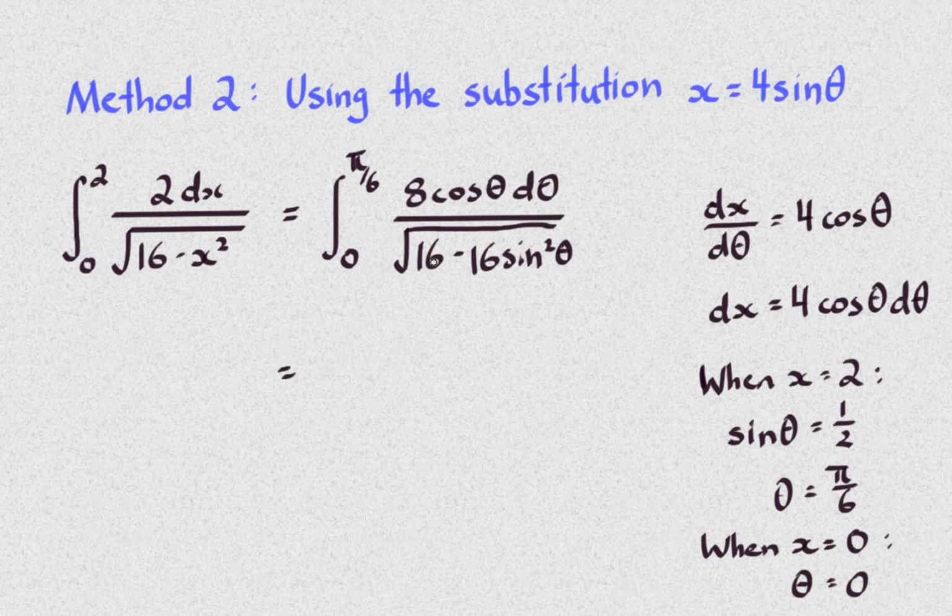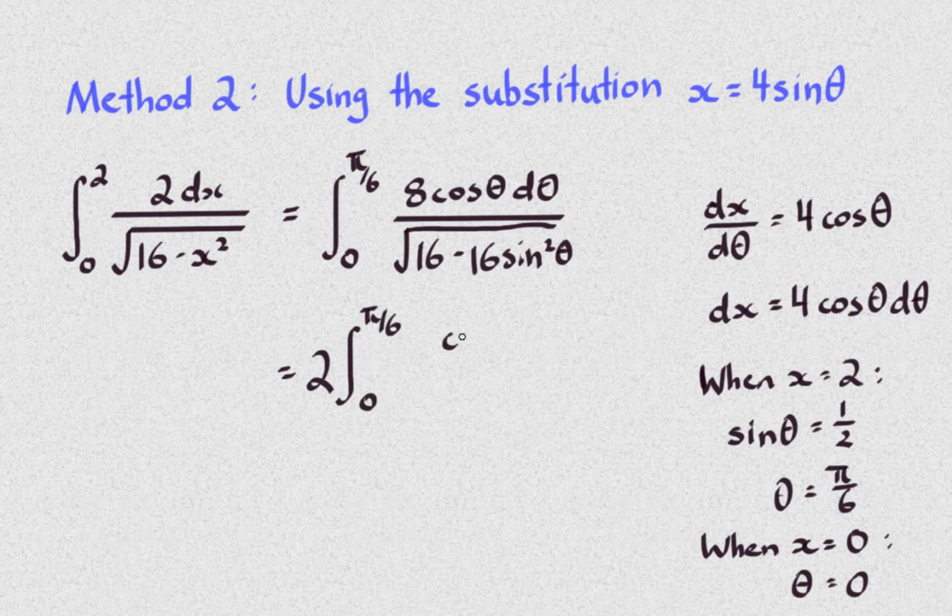Notice that we can take out a common factor of 16 down here, and so when that comes out of the square root, it'll be a 4. 8 divided by 4 is 2. So let's put that 2 out front of the integral.